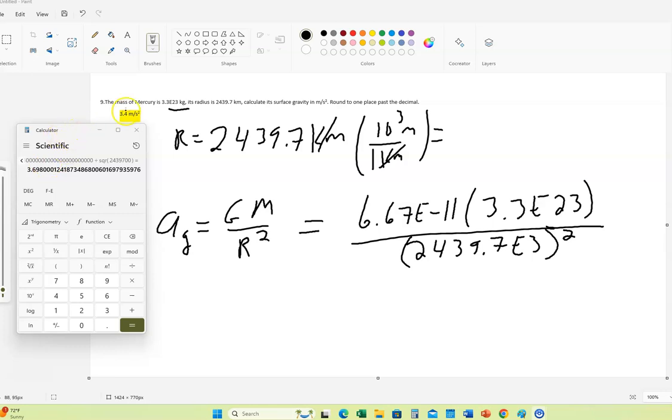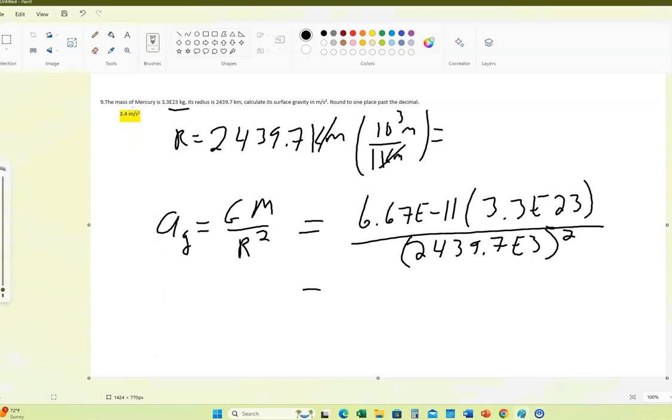So the actual answer, just to let everybody know, is, now it says to round it to one place past the decimal. So the answer should be, see, it says in the calculator it's 3.69, since the second digit past the decimal is greater than 5. This rounds to 3.7.